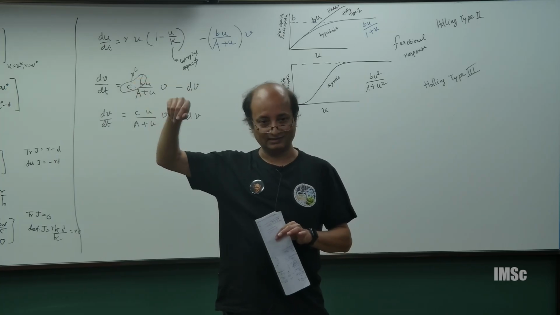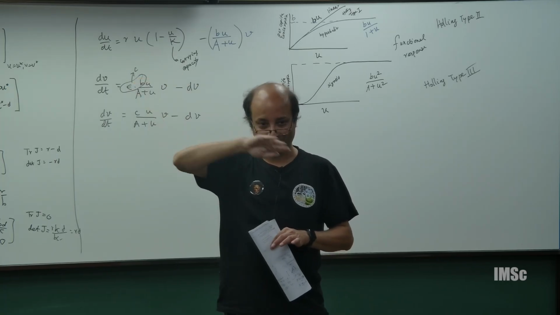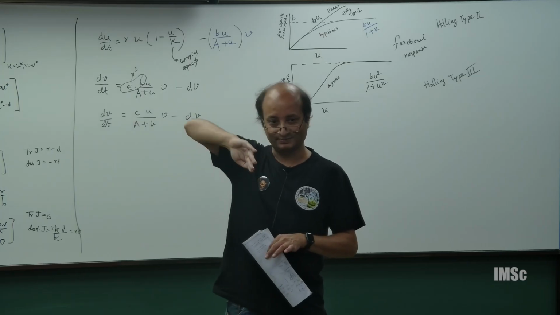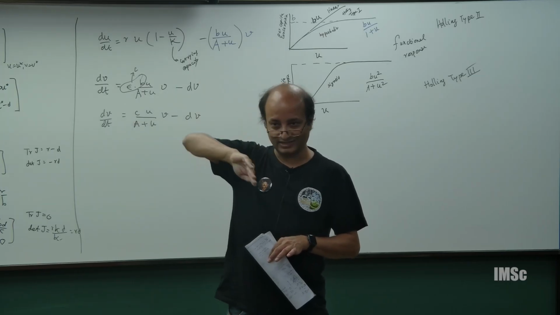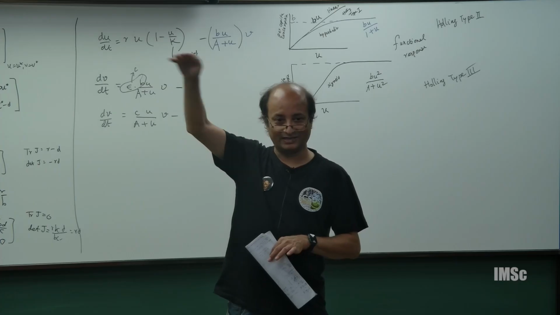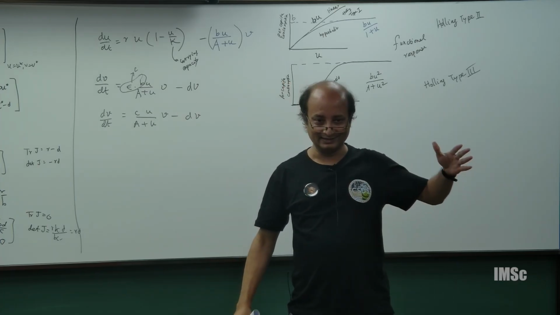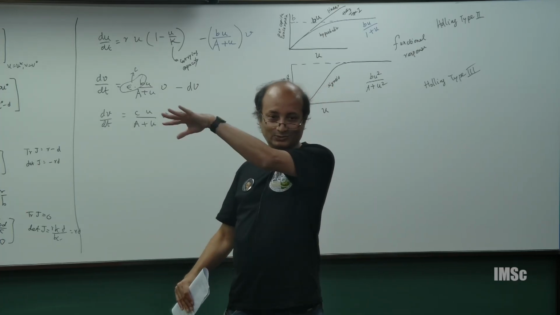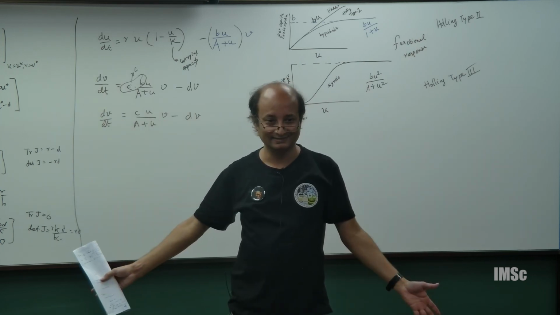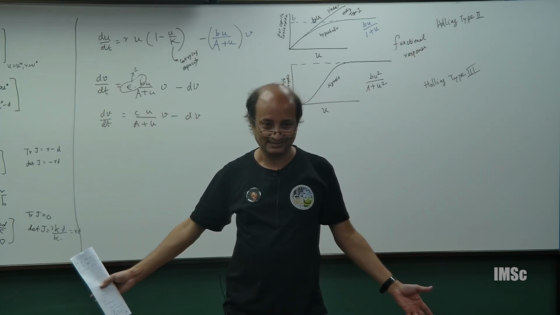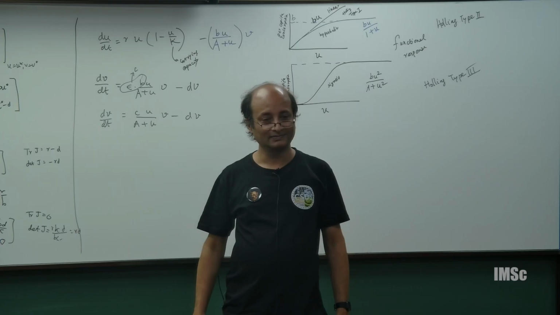If this Hill coefficient is greater than 1, you get this sigmoidal kind of behavior, and as the coefficient becomes bigger and bigger, you actually get a binary switch-like behavior. Below that u, nothing; above that u, you immediately go to full capacity, suppose the thresholds are the same.